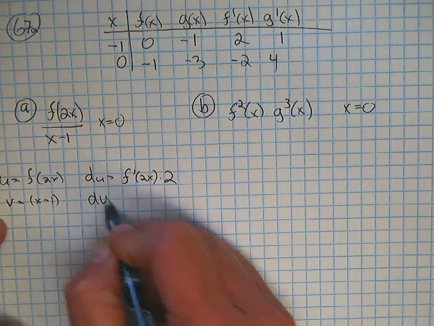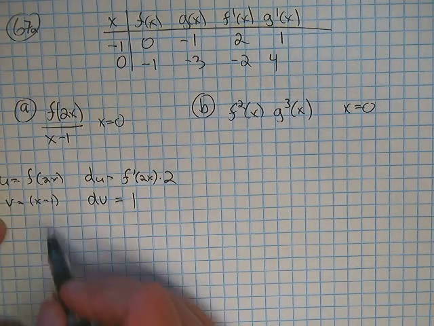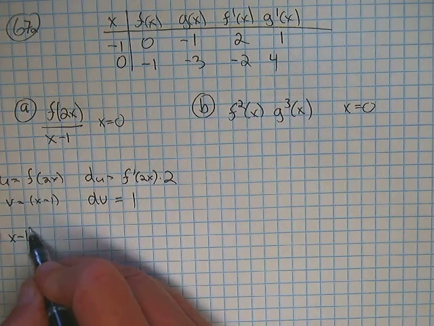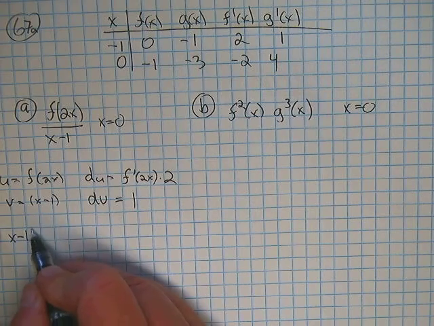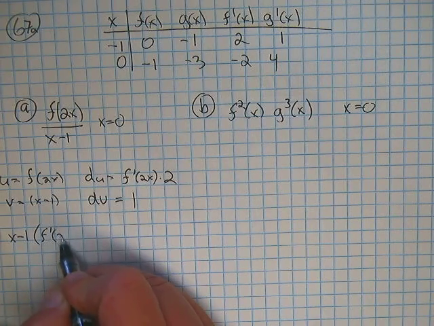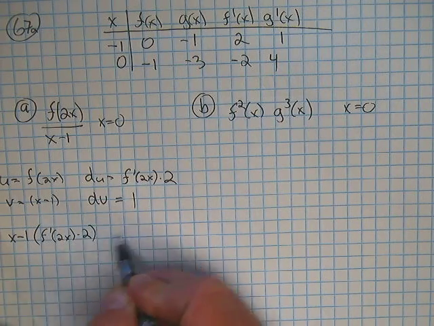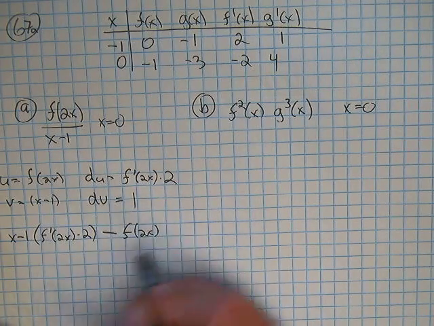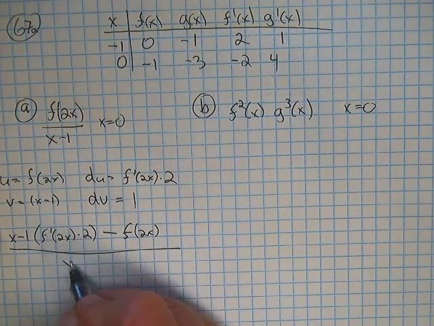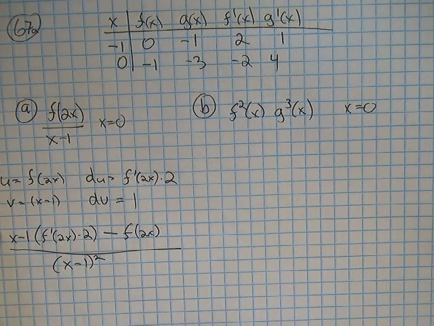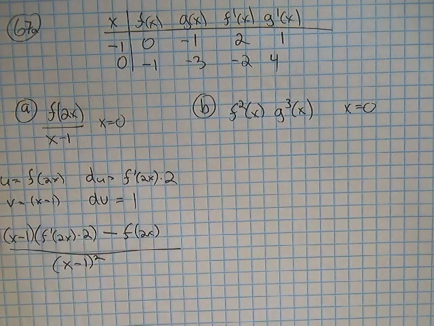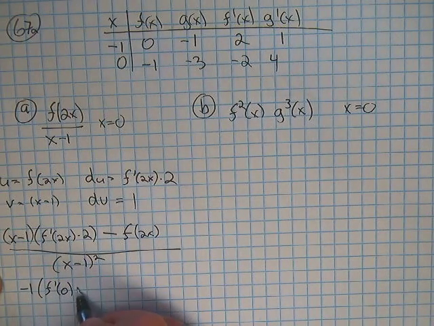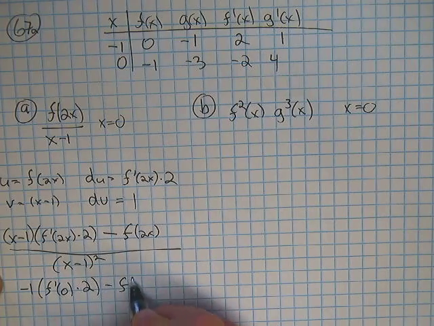Du, so this is a little bit of the chain rule. This is going to be f prime of 2x times the derivative of the inside, which is 2. dv is equal to 1. So we got low, x minus 1, times d high, which is going to be f prime of 2x times 2, minus high, f of 2x, times d low, which is 1, all divided by x minus 1 squared.